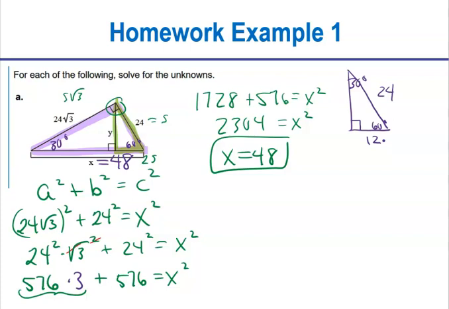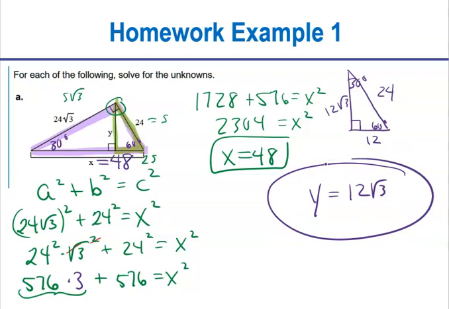And then for y, you could use the Pythagorean theorem if you want to, or use that relationship. This is going to be 12 times the square root of 3. So we know that y is equal to 12 square root of 3. Now, not knowing those 30, 60, 90 relationships, we wouldn't have been able to pull this problem off, y'all.